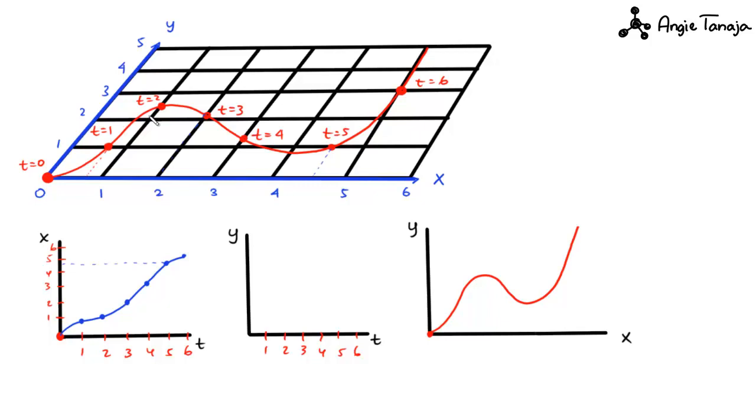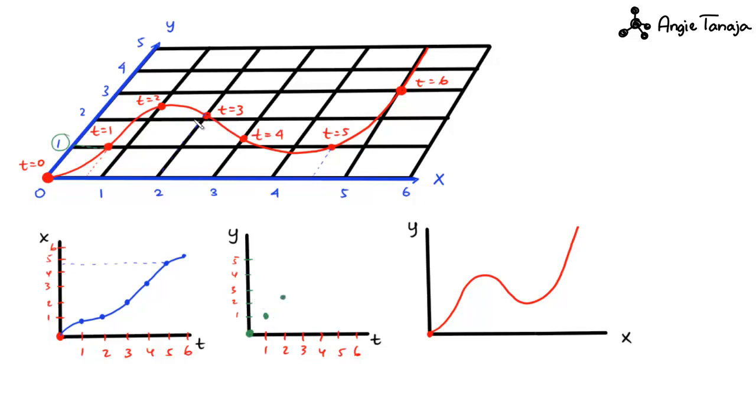Now let's take a look at the y. When it is 0, it is 0. When it is 1, it is exactly 1. So okay, 1, 2, 3, 4, 5 only. So 1, 1. And then 2 is 2.5, so around here.